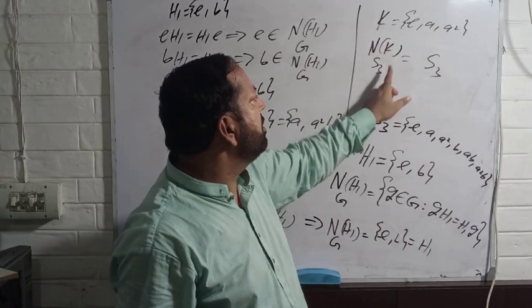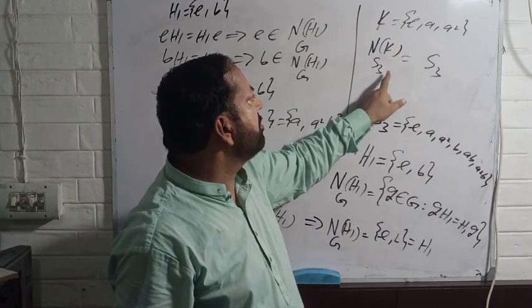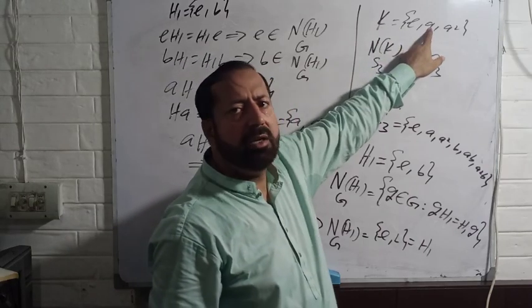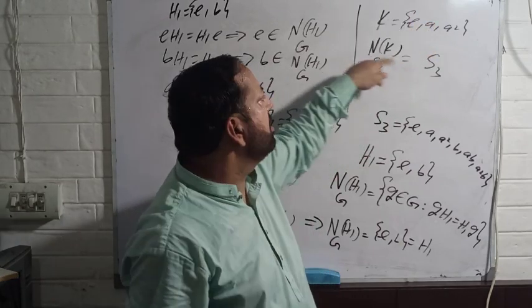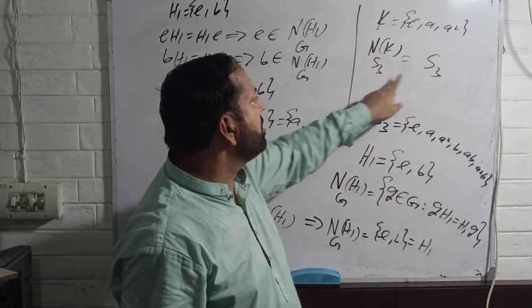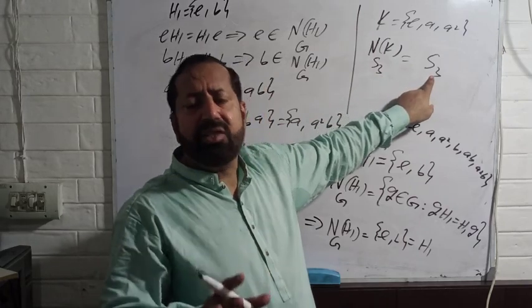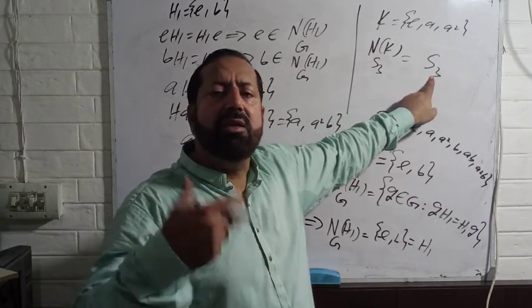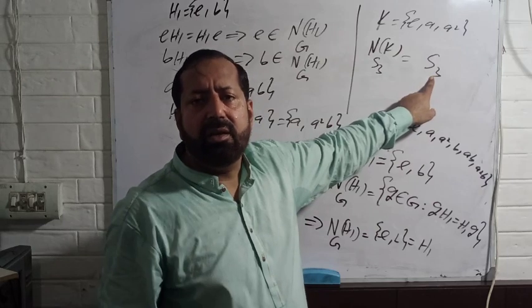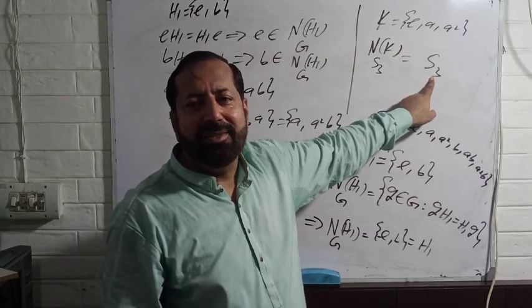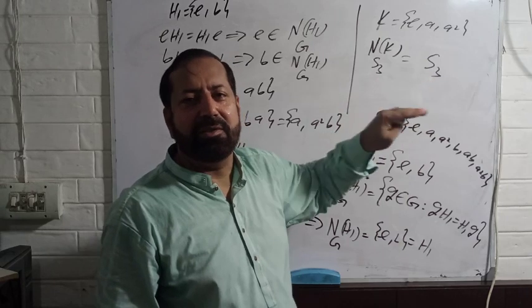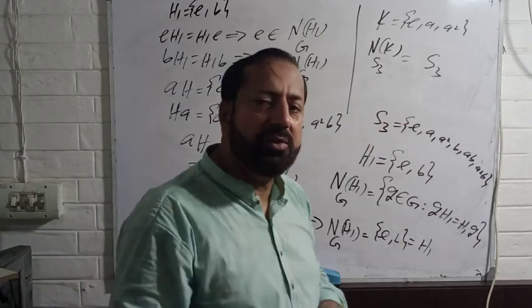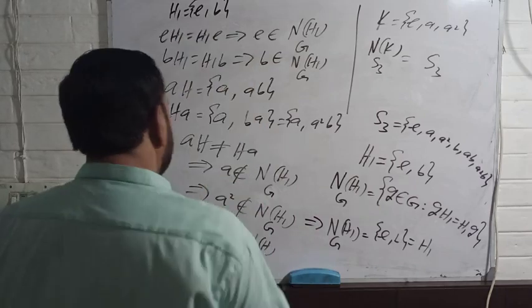You work out, find the normalizer of K in S3, because AB is equal to BA square. From here A would be an element of the normalizer. So in this case, the normalizer of K in S3 is equal to S3, and this is acceptable because S3 has only one Sylow 3 subgroup. So that's why there is no other Sylow 3 subgroup. So the theorem is satisfied, right? So let's have its proof. Okay.